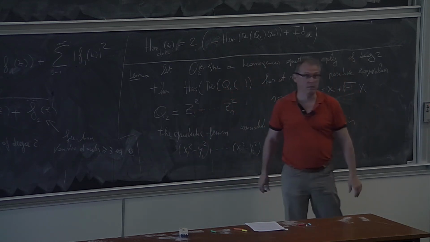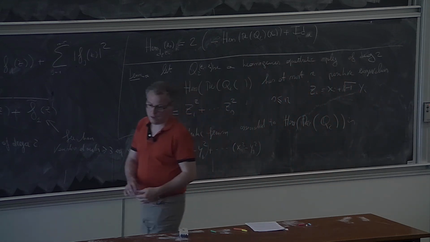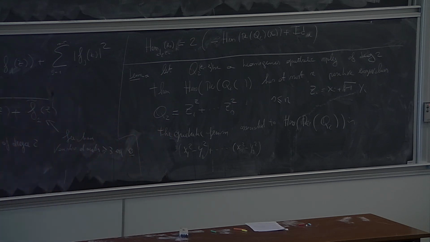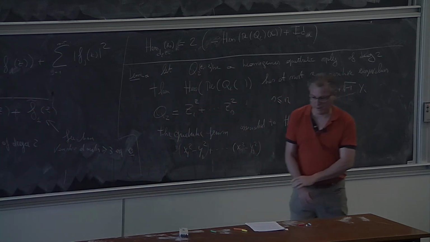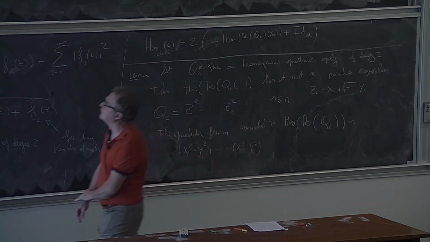This is just a computation you can do in linear algebra. And this ends the proof of the Andreotti and Frenkel theorem. Half an hour after I believed it, I could end it.